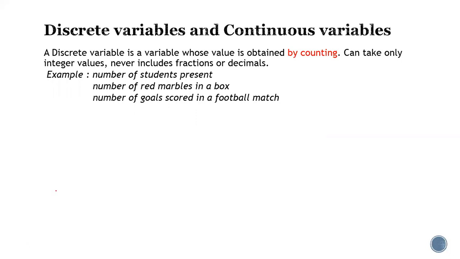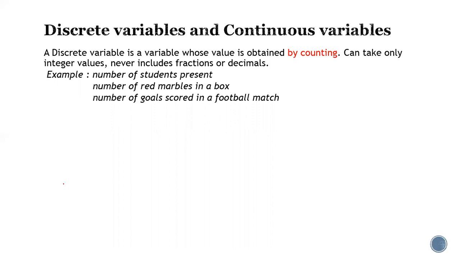Now we are going to discrete variables and continuous variables. A discrete variable is a variable whose value is obtained by counting. Discrete variables can take only integer values, never including fractions or decimals.